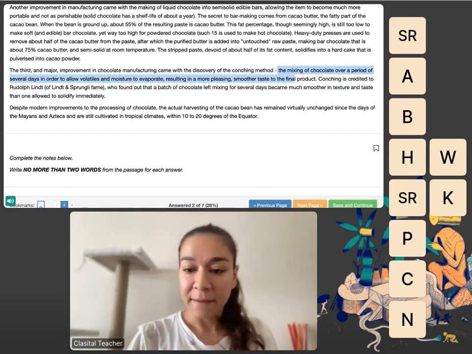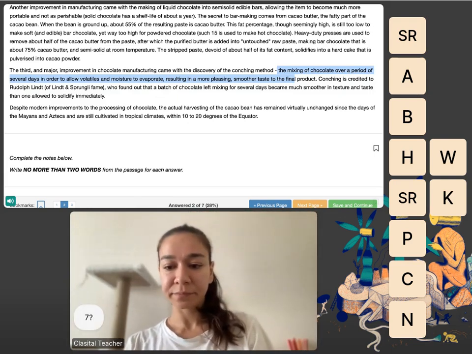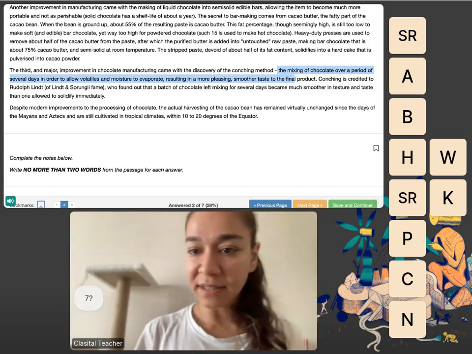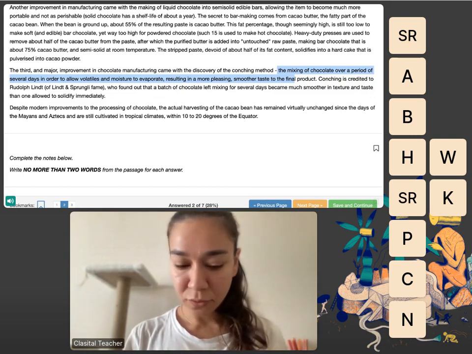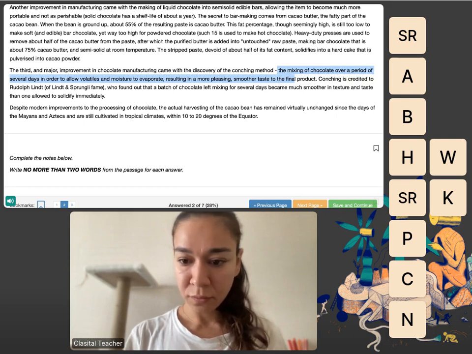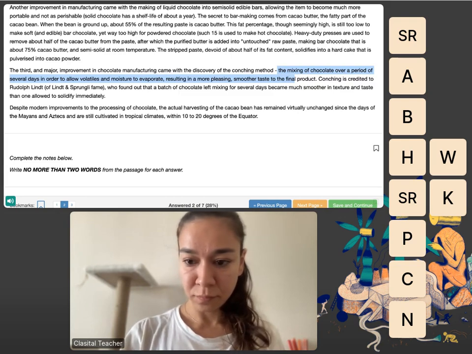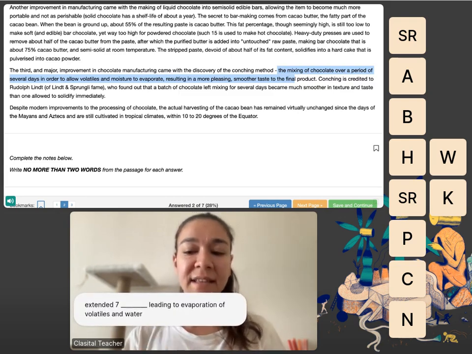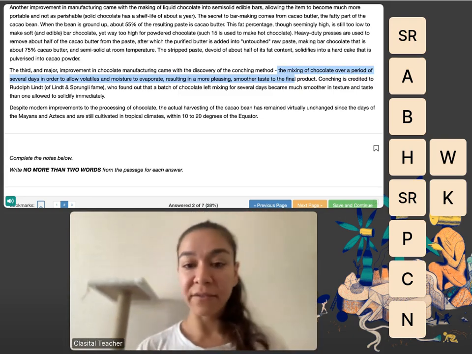Extending, very good. And what is 7? In question 7, it says extended something leading to evaporation of volatiles and water.